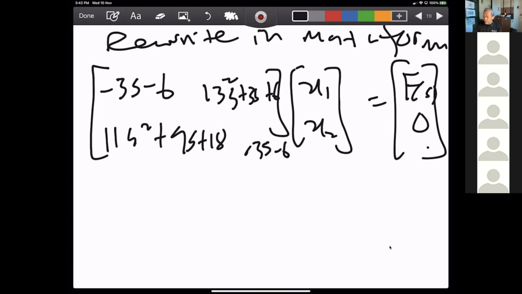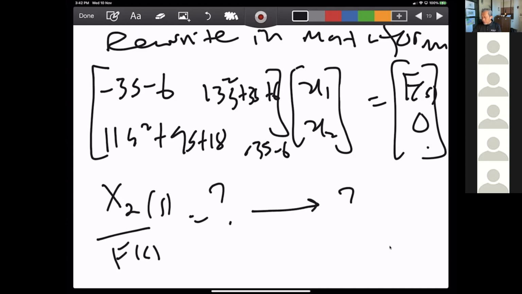So you want to find X2. Due to the fact that you want to find X2 divided by Fn, you have to find X2 first.